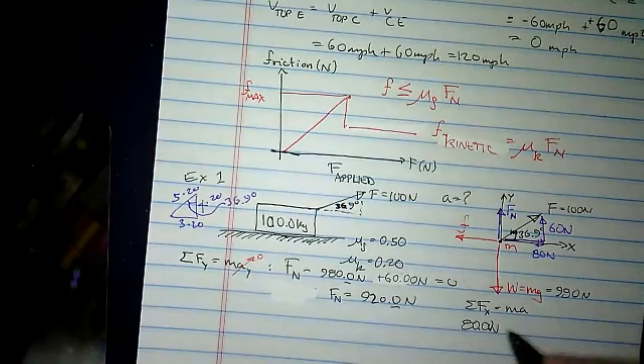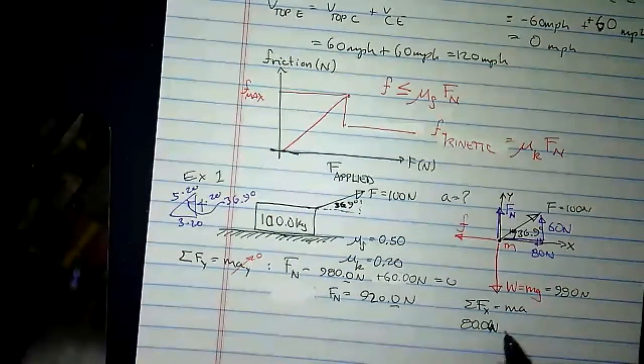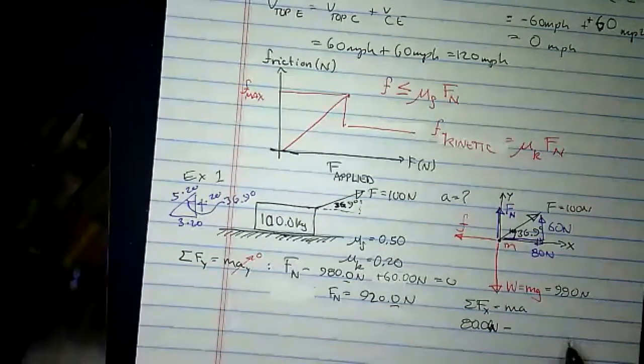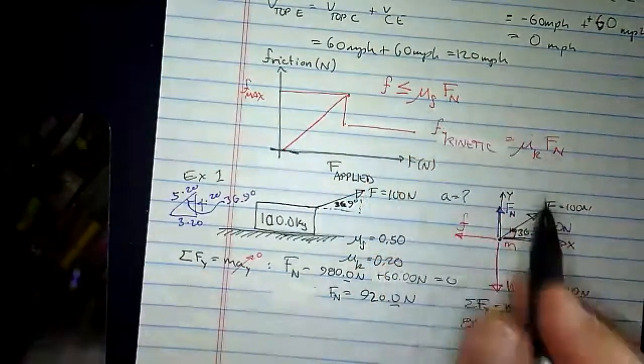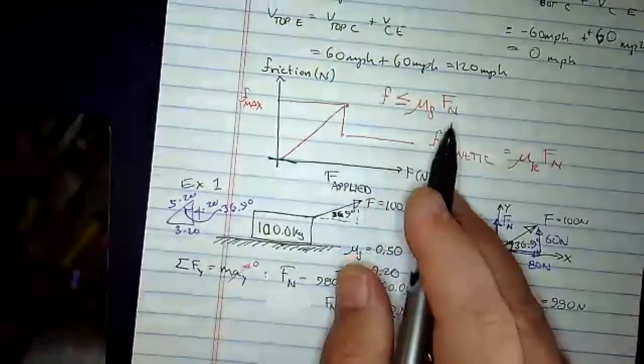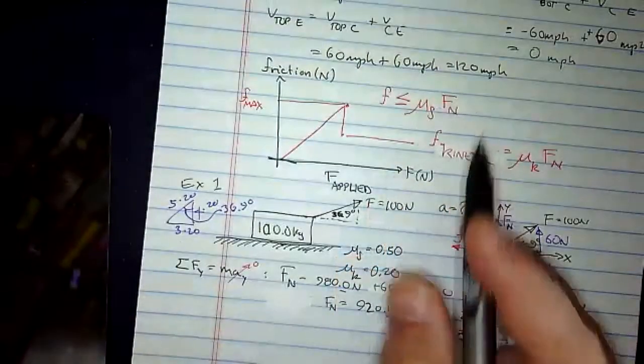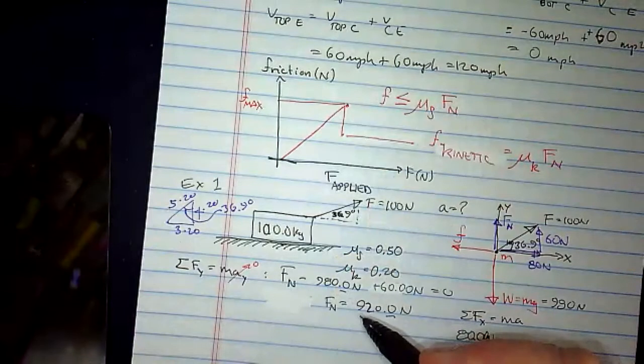And again, I probably could put a second digit on that decimal place just for good housekeeping. So 80 newtons minus the friction force. Now the friction force is going to be less than or equal to mu sub s times the normal force. Well, mu sub s is 0.5 and the normal force is 920.